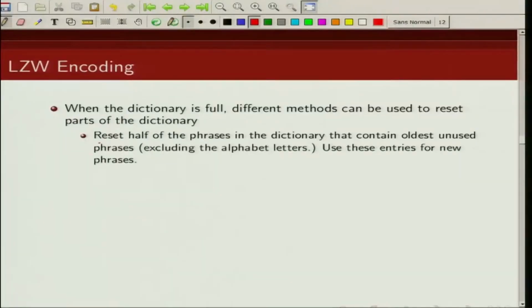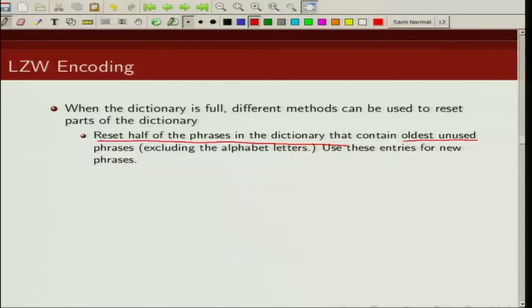In this approach, we can reset half of the phrases in the dictionary that contain the oldest unused phrases. So phrases which have been there in the dictionary but which are not appearing in the new phrases, those old phrases can be reset. That will create space for entering new phrases.